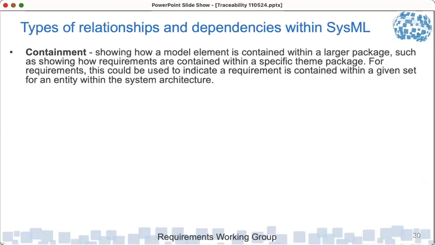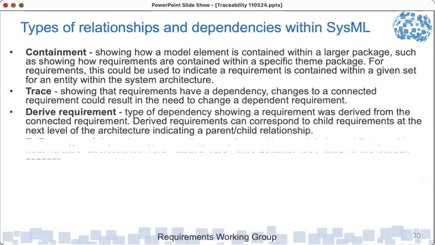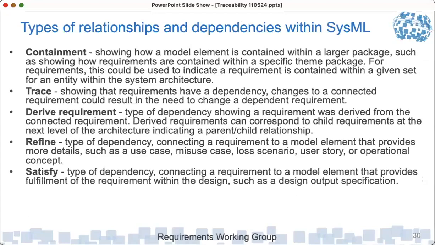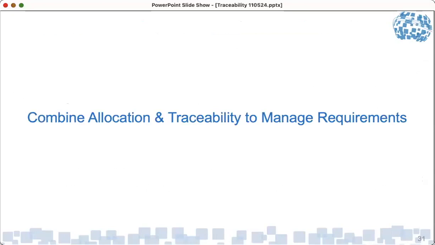We have different types of relationships and dependencies: containment, trace, derivation, refinement, satisfaction, and the verified relationship. These are all set up so that we can establish them within our model as part of our traceability management. We can combine allocation and traceability to better manage our requirements.